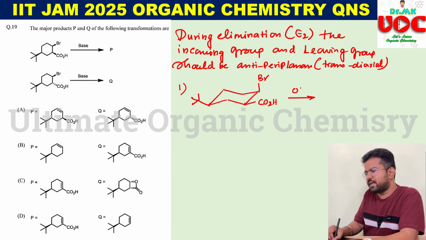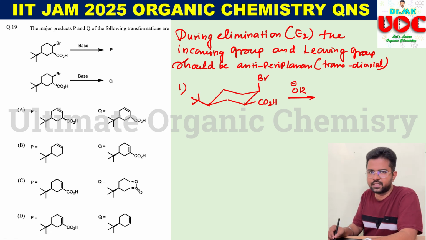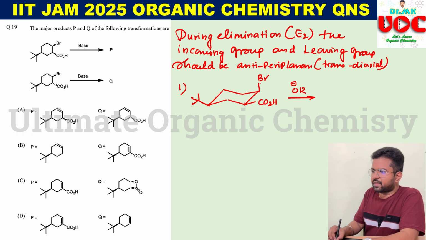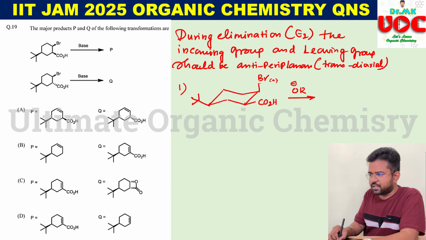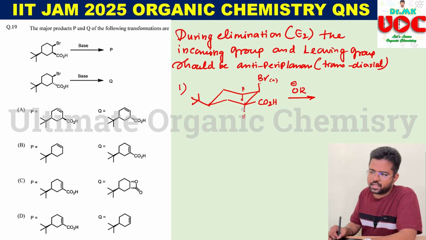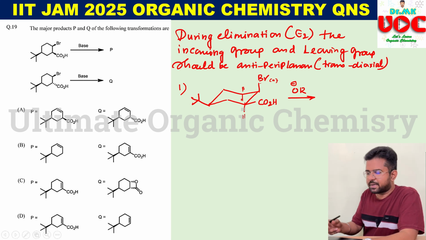When it is treated with a base, for example an alkoxide, which is a suitable base in this type of reaction, and this is a leaving group, present in the axial position. So you need to look at the beta hydrogen. The incoming group should be present at the beta position. So this is a beta hydrogen. Here you have trans-diaxial between the incoming group and the leaving group. Here also there is a trans-diaxial arrangement of incoming group and leaving group.